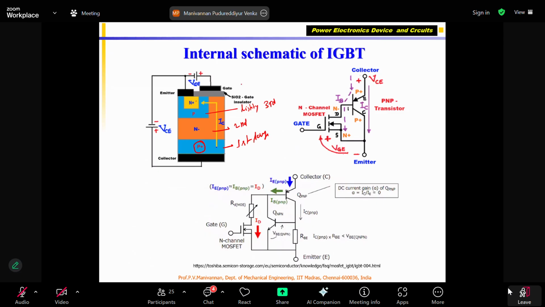The last layer is N plus. This is heavily doped N-type material. That means more electrons are there compared to this. This is lightly doped, this is heavily doped. So what does N minus mean? Very, very few phosphorus atoms.